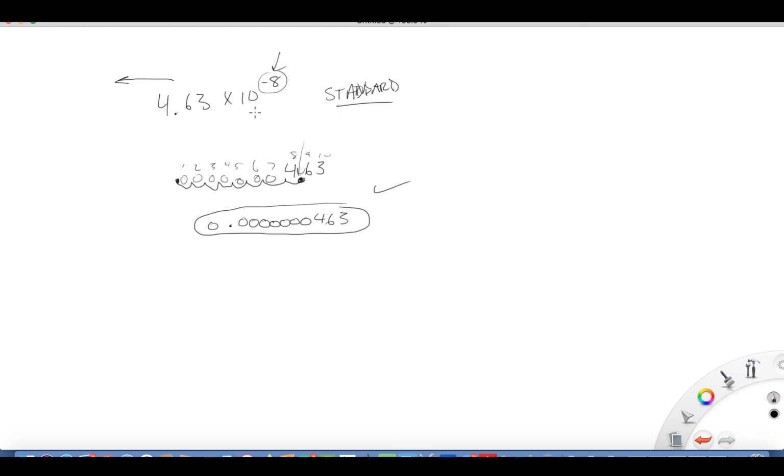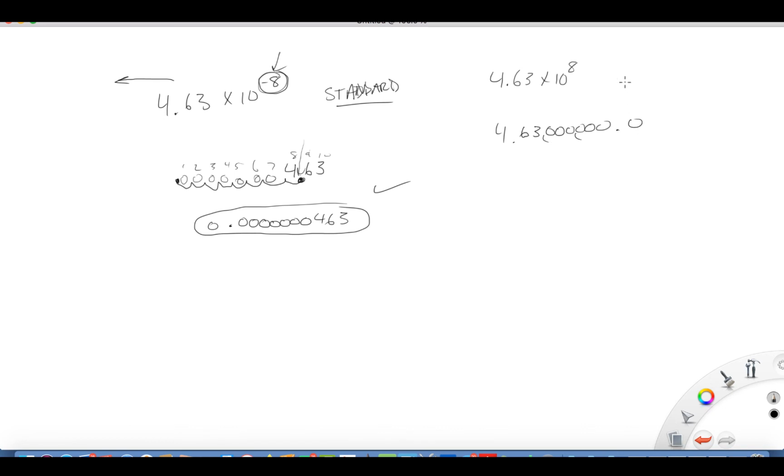And what they're trying to do is get you to work with small numbers as opposed to large numbers. So if you had 4.63 times 10 to the 8th power, you would go the other way. It would be 4.63 and then 6 zeros, 1, 2, 3, 4, 5, 6, and then we'd be putting commas in here.